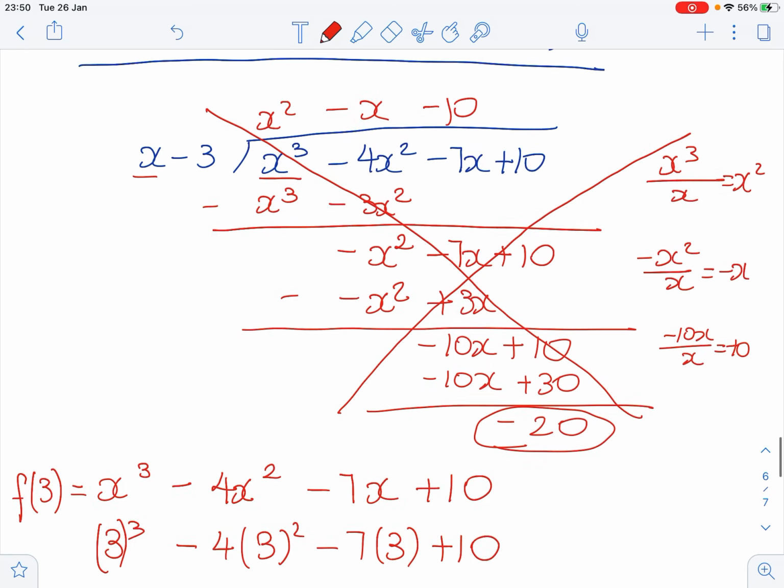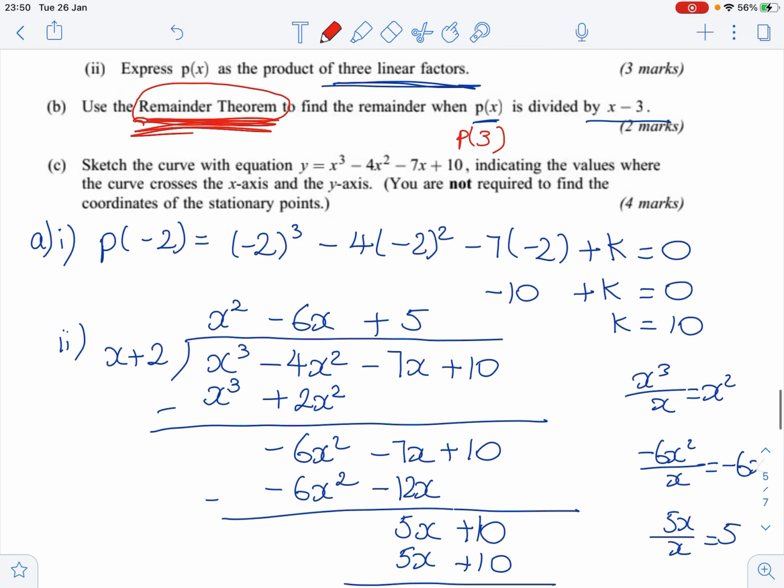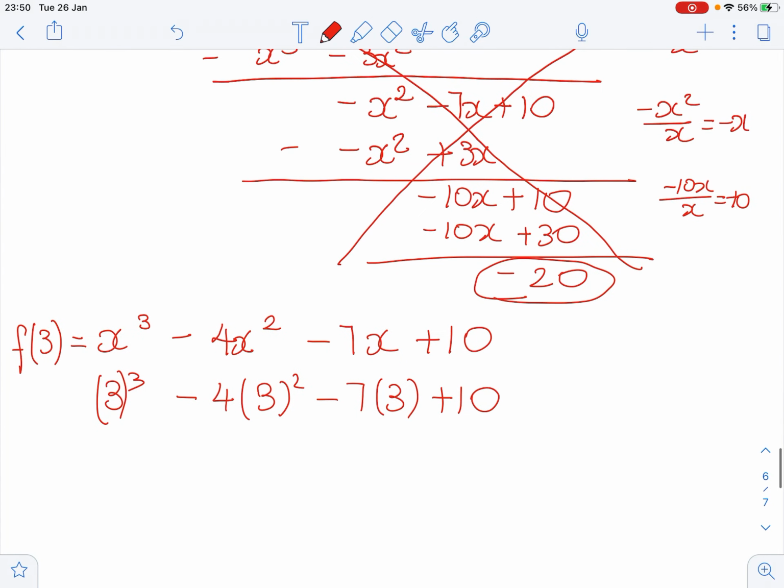So this is so much easier. So remember to read your question. It's the remainder theorem, so don't use your long division method, as it takes longer as well. If you type into your calculator, you should get straight away minus 20.